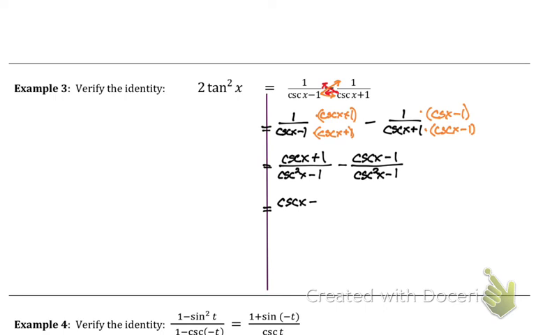So I have cosecant x plus 1 minus that cosecant x minus 1 all over cosecant squared x minus 1. Take a second and find my mistake. That is incorrect, and it's going to be a mistake that a lot of you make.